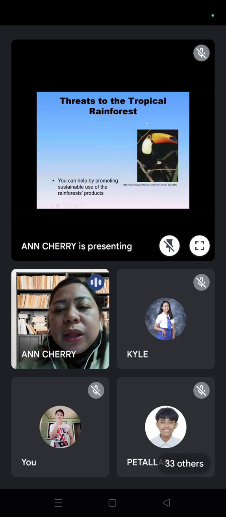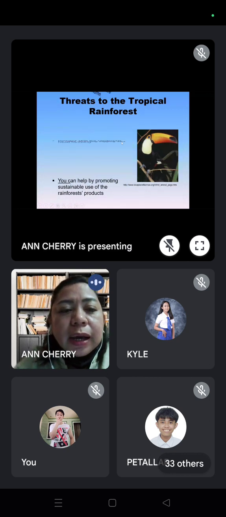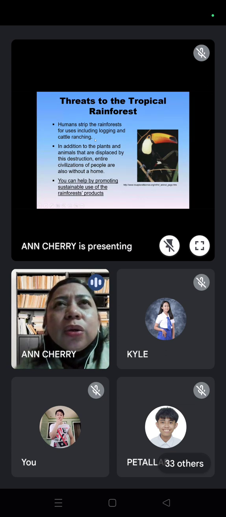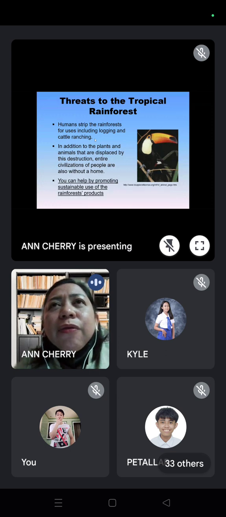So, what are the threats to the tropical rainforest? Okay? Humans strip the rainforest for uses including logging and cattle ranching. Also, when you read lesson 1 or 2 of module 2, it's about habitat fragmentation, habitat loss, and habitat alteration.